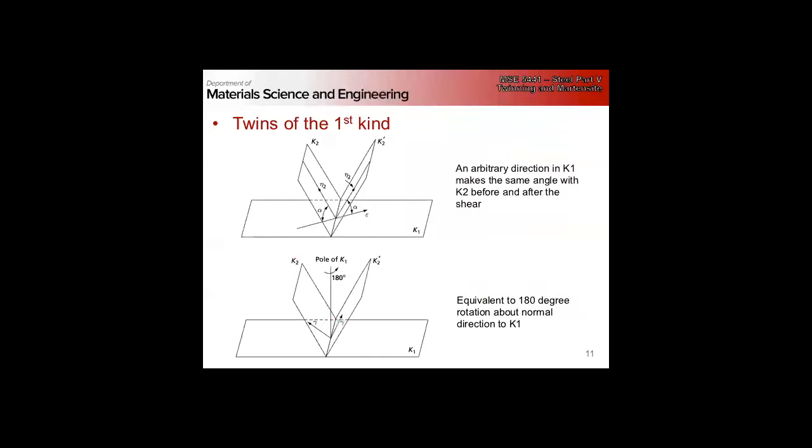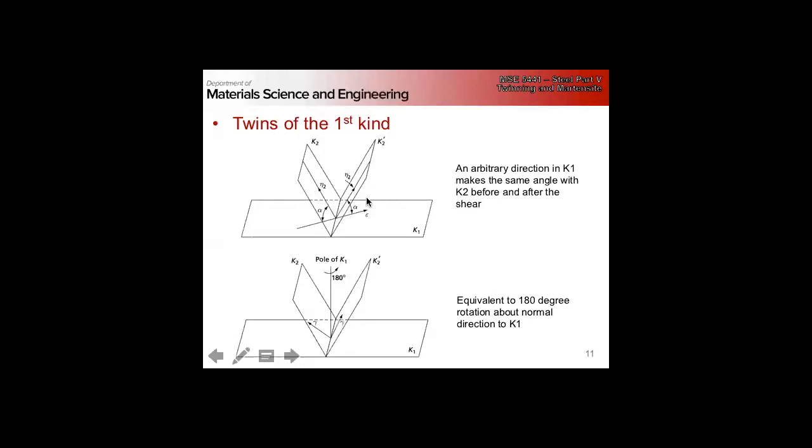So if we have a twin of the first kind, what it says is that an arbitrary direction in the first invariant plane makes the same angle with the second invariant plane before and after the shear, right?